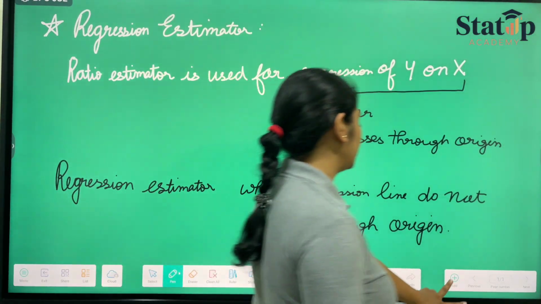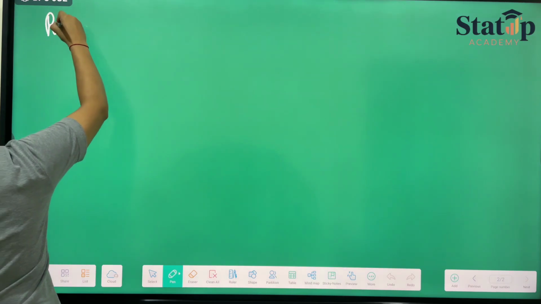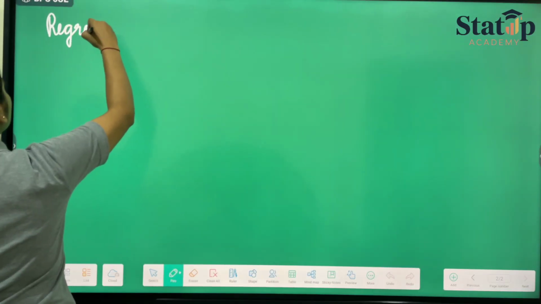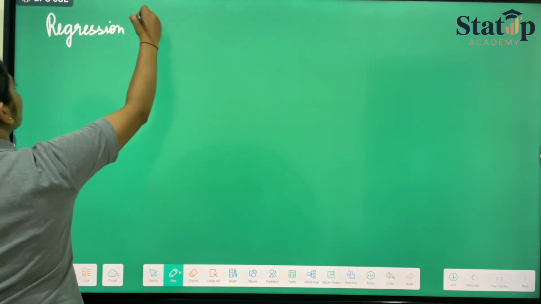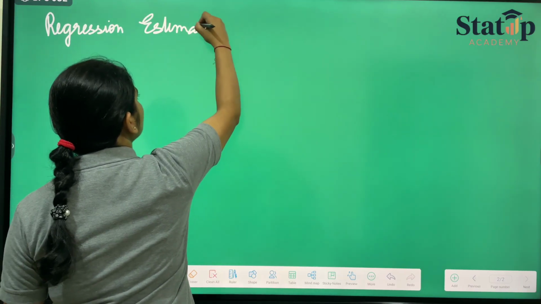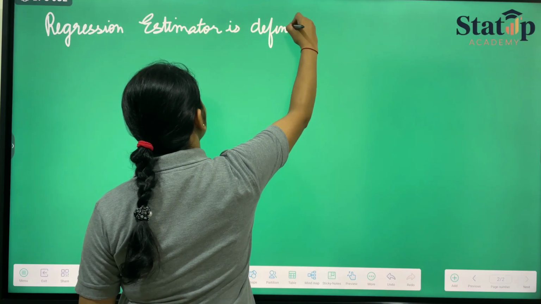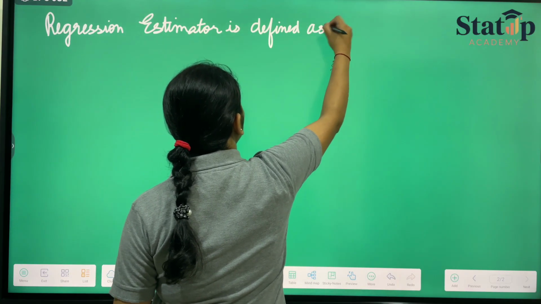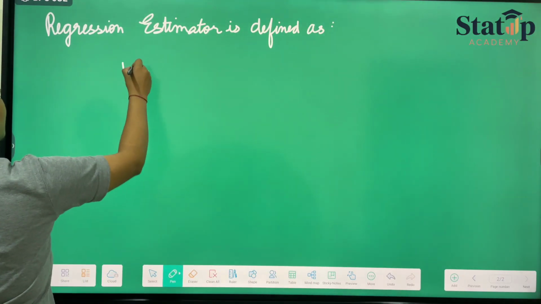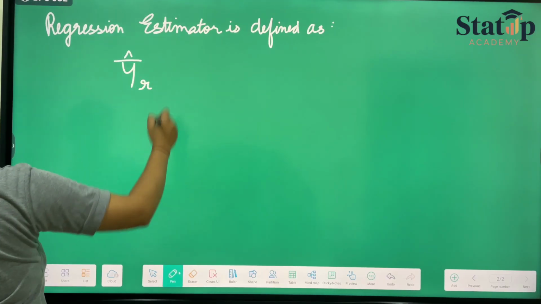Now, we define regression estimator by this. Regression estimator can be defined as y bar small r.